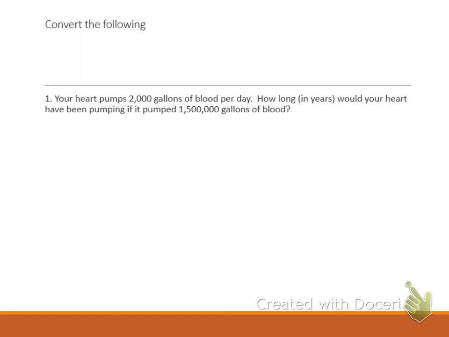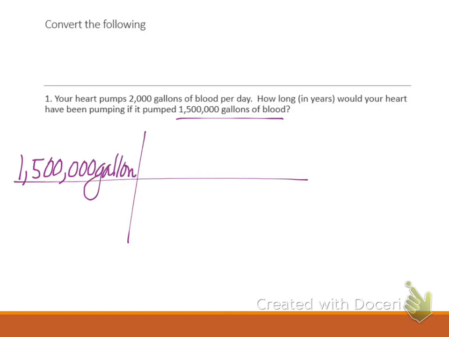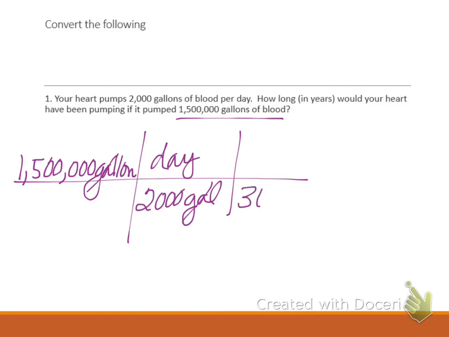Okay, so the way that you would set that up is you would start with what they gave you in the problem. It's this one right here. So 1,500,000 gallons. And it's telling you that your heart pumps 2,000 gallons per day, right? How many days are in a year? 365, unless it's leap year.